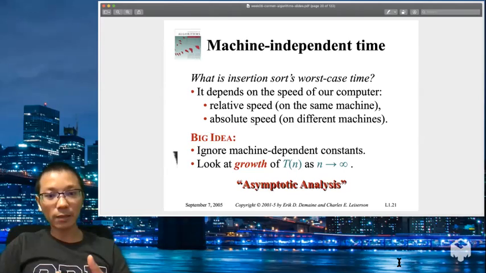Simply, it's a notational abuse, but it's accepted. So we're saying ignore those lower order terms, because when n grows large enough, this n cubed term is going to dominate the value of the whole function. So that's really what this means.